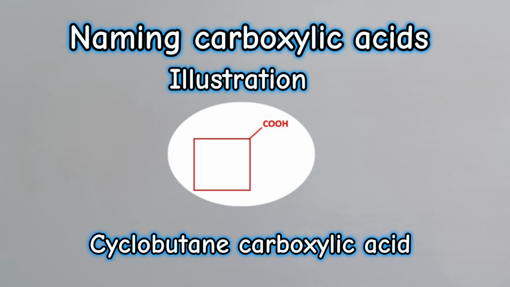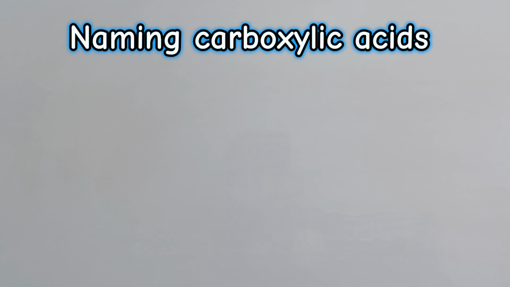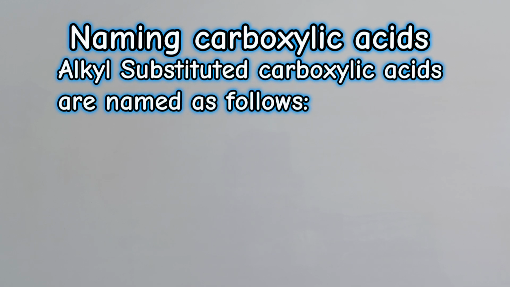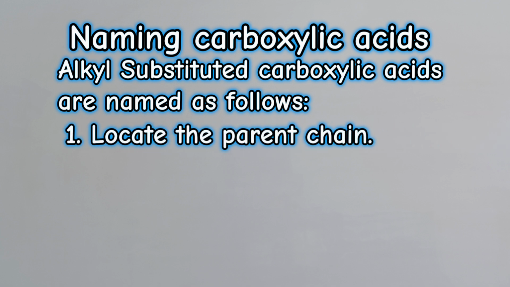If you have an alkyl substituted carboxylic acid, then the IUPAC guidelines for naming such a carboxylic acid are as follows. First guideline is that you must obtain the parent chain. And the parent chain, in this case, is the longest carbon chain in the compound that must bear the carboxylic group.